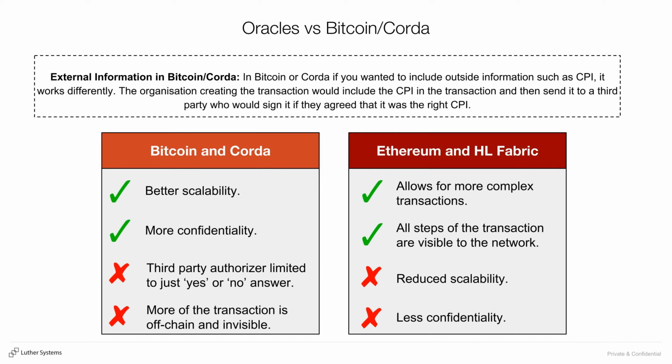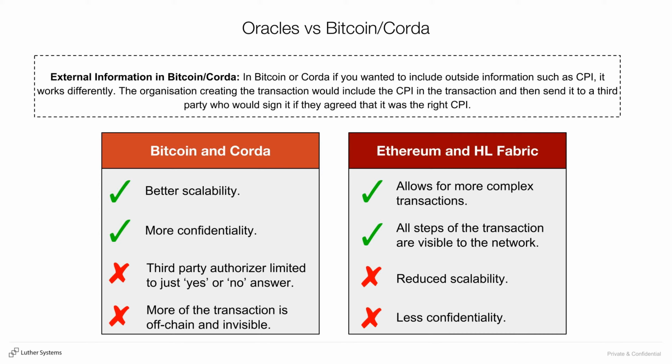So at a high level, what we're coming up against is two different philosophical viewpoints on scaling. In one camp, the Ethereum and Hyperledger Fabric camp, the philosophy is to put more complexity on the blockchain network, so that you have visibility, auditability, non-repudiation and verification of all of the validation and the execution of the smart contracts, and everyone can see into that.